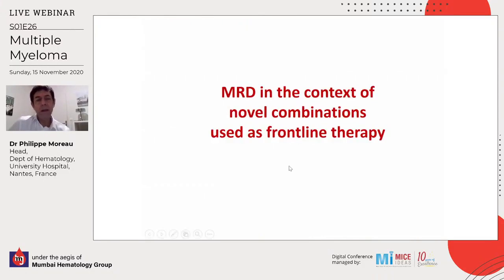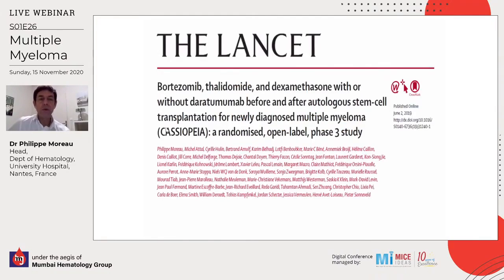So what are the results of MRD in the context of novel combinations used as frontline treatment? And you know that we tested with the French group the comparison of VTD versus VTD plus daratumumab, both before and after autologous stem cell transplantation, in the CASSIOPEIA study.